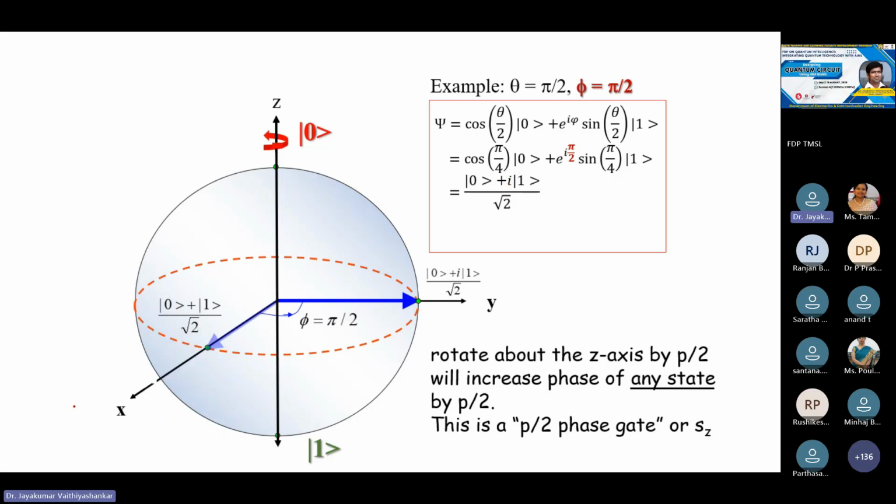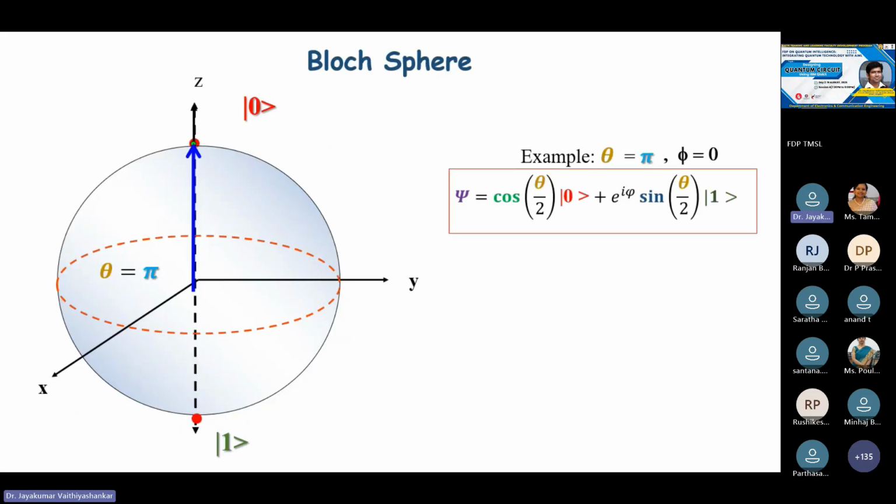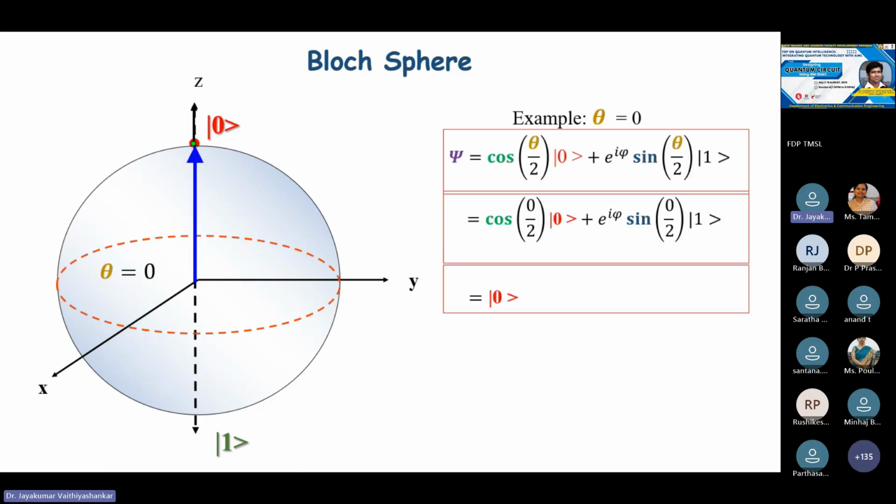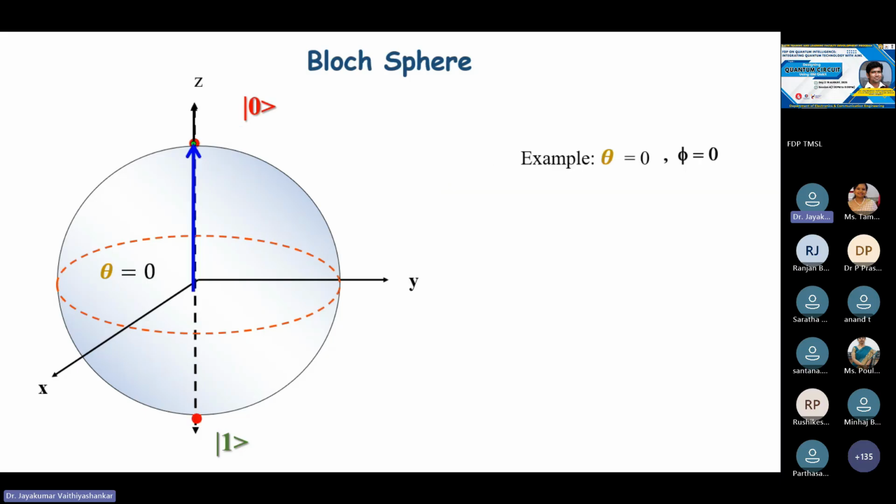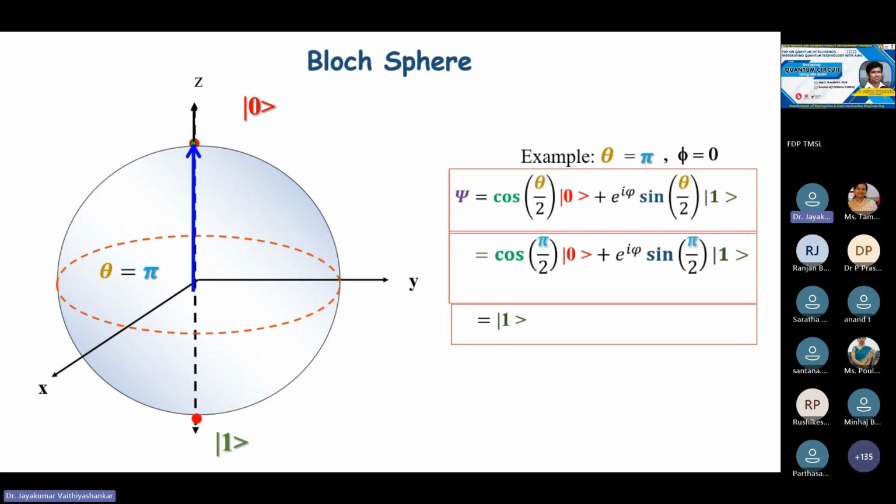So we covered 3 gates. Quickly, I will try to refresh. The first gate is the identity gate. If you apply delta equal to 0, it is the identity gate. Next, we applied delta equal to pi. If you apply delta equal to pi for the first angle, it will create a NOT operation.